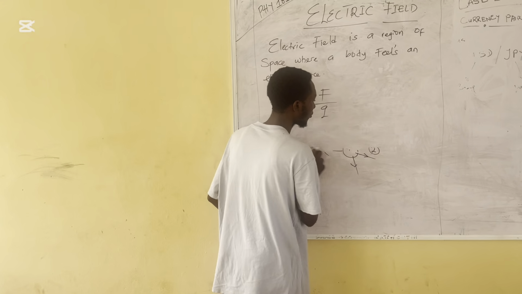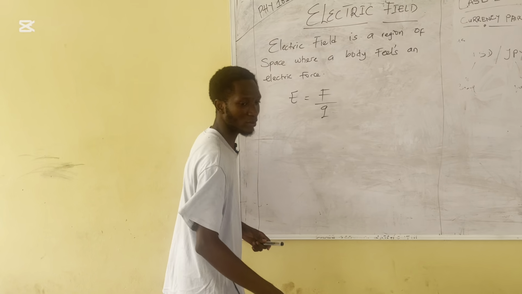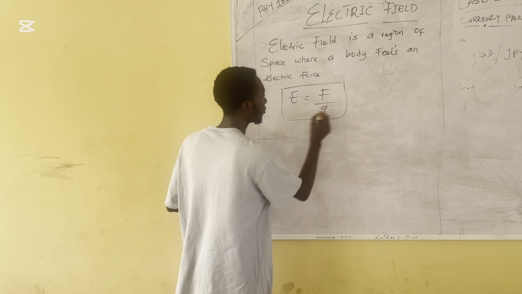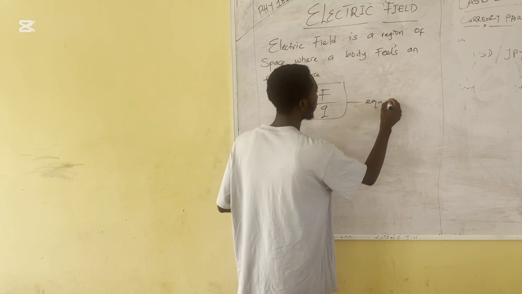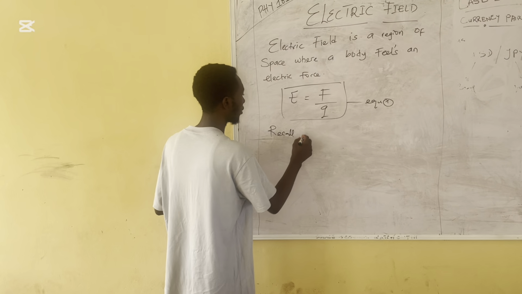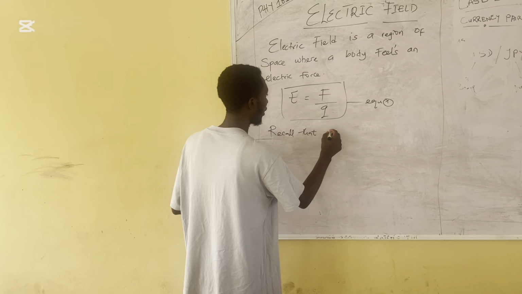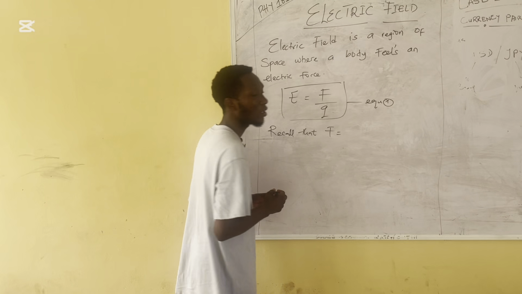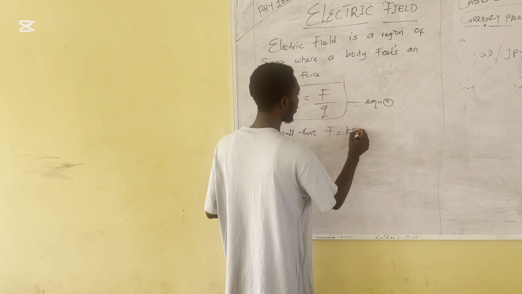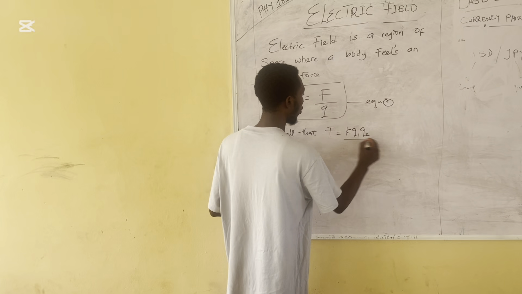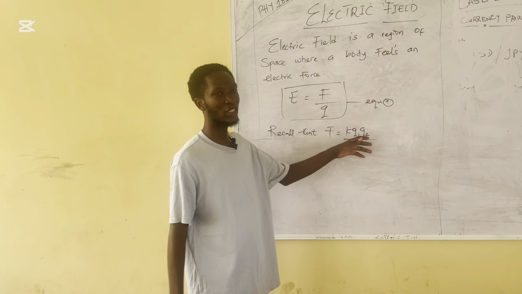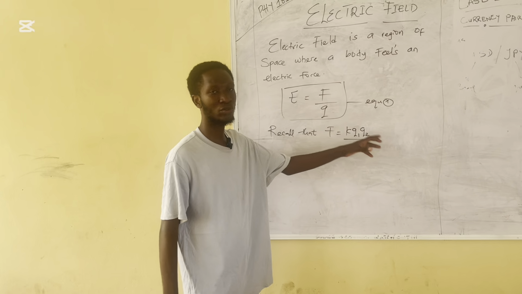Now, recall this formula 1. Recall that F, if you remember my Coulomb's law, F equals KQ1Q2 over R squared.